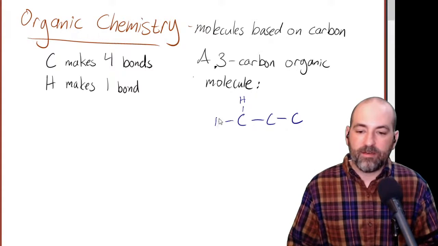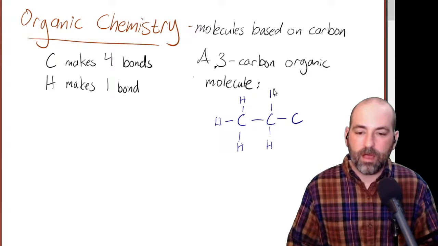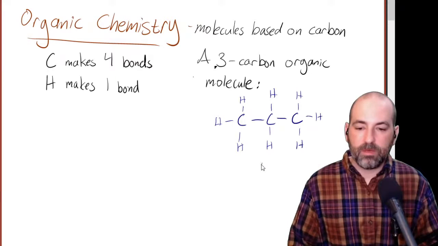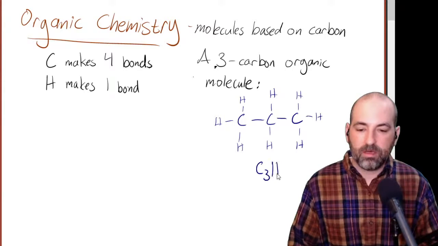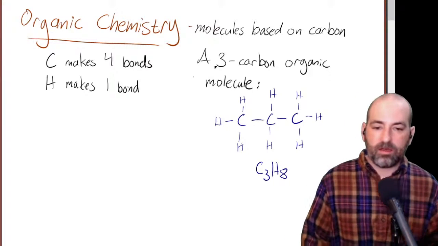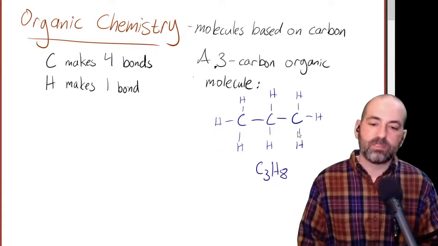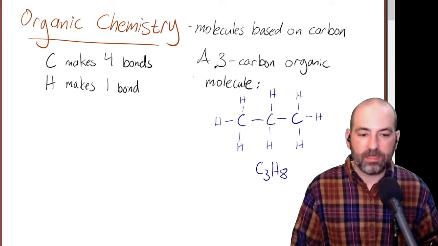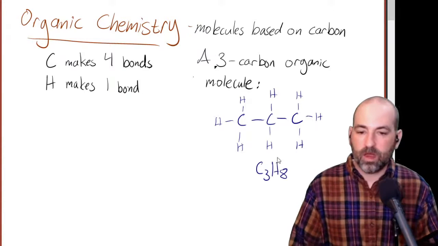So let's add enough hydrogens to fill in all of those 4 bonds for carbon in this molecule. All right, and we have something like this. And the molecular formula would be C3H8. We've got 3 carbons, 8 hydrogens, and everybody's good. Now that is 1 3-carbon organic molecule.